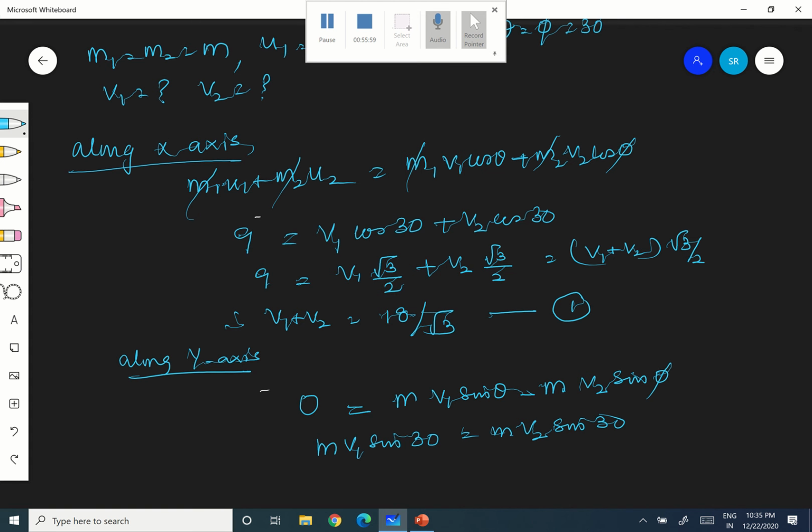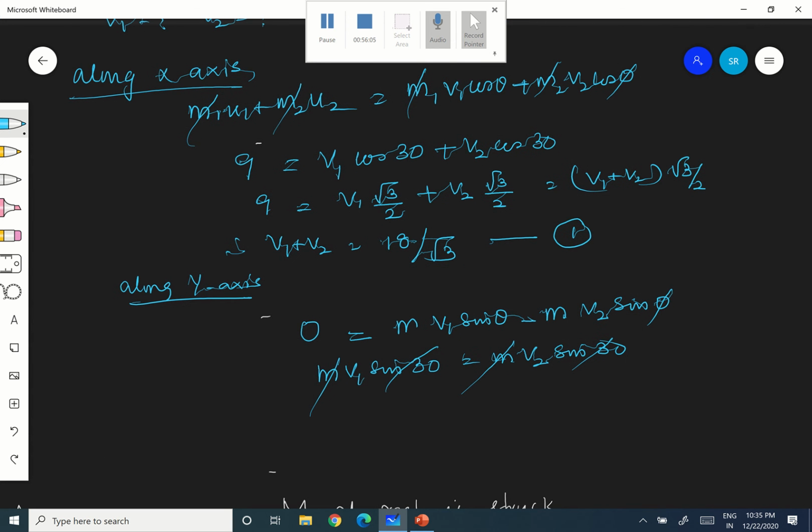So m will go, sin 30 will go. Therefore, you will get v1 is equal to v2. So this is the second equation you are getting.